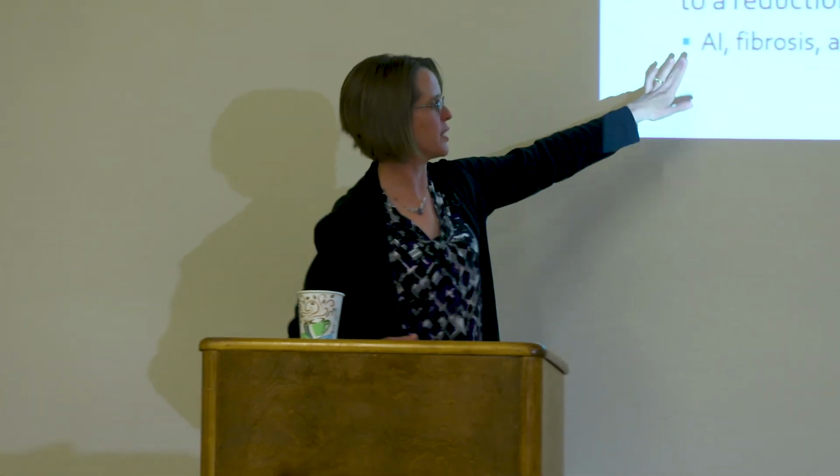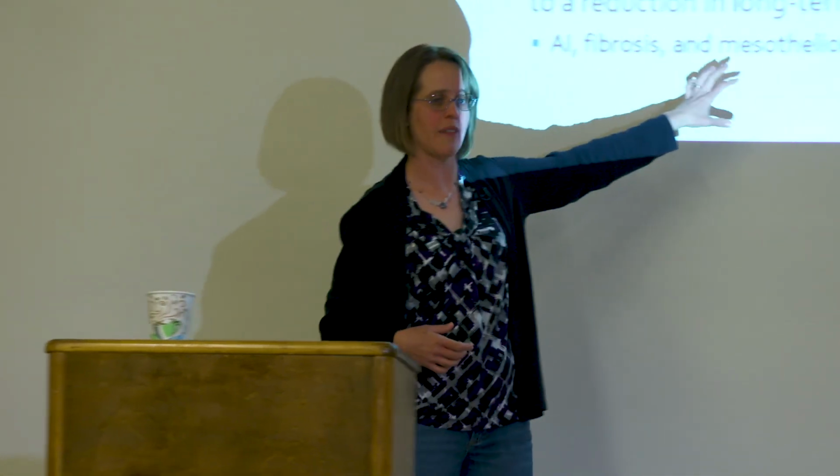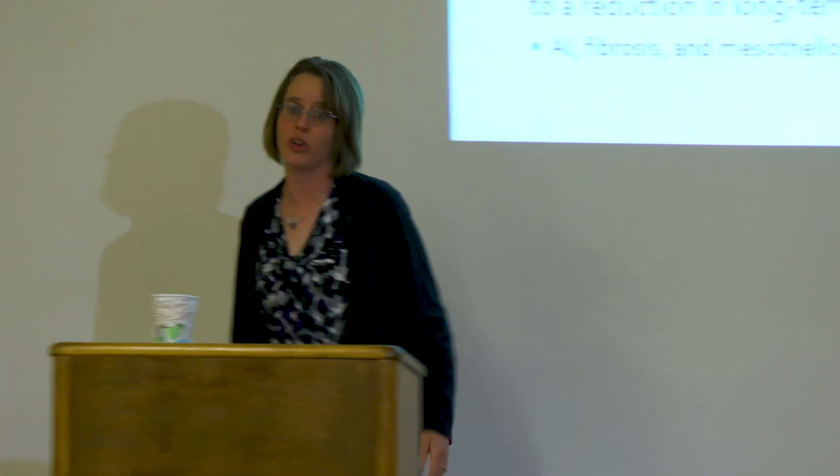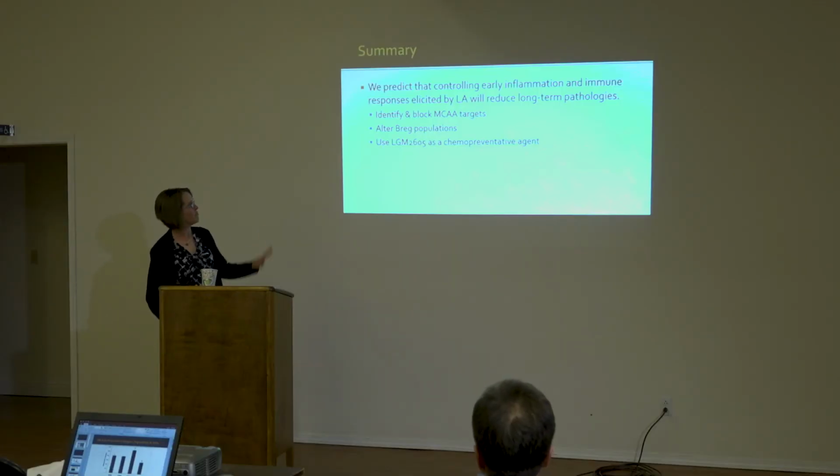So my part is looking at the autoimmune disease and the fibrosis. We also have another collaborator looking at mesothelioma. So we're hoping this not only helps with the immune responses and the autoimmune disease, but also with the cancer responses following asbestos exposure.